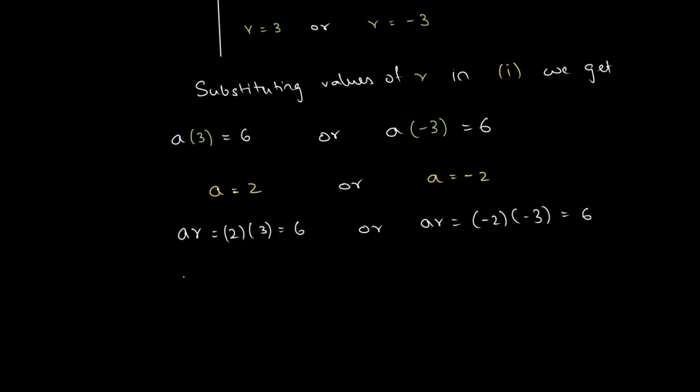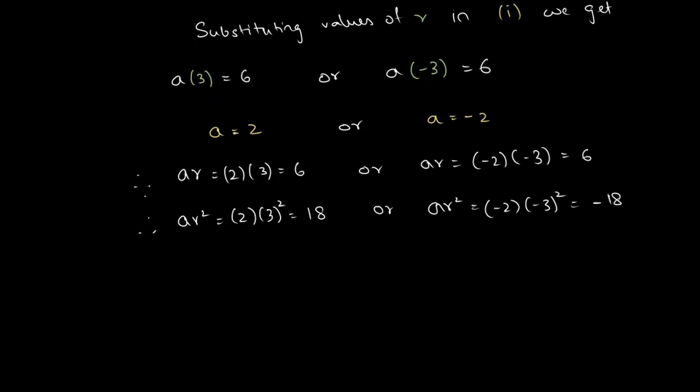The third term, ar square, would be 2 into 3 square, so 2 into 9, which is 18, or for the second case negative 2 into negative 3 square, which would give negative 18.